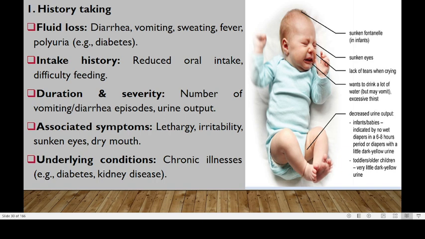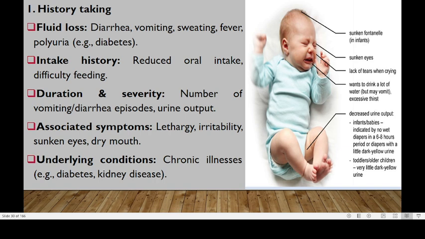So, in terms of history taking, diarrhea, vomiting, sweating, fever, and polyuria normally lead to fluid loss. We look at the intake history where the caregiver might report reduced oral intake and difficult feeding. Also, the number and duration of vomiting episodes and urine output have to be recorded.